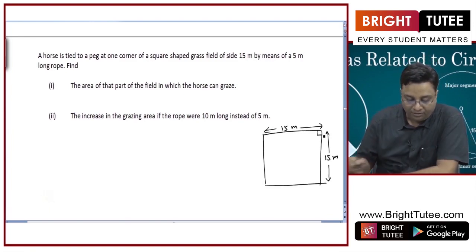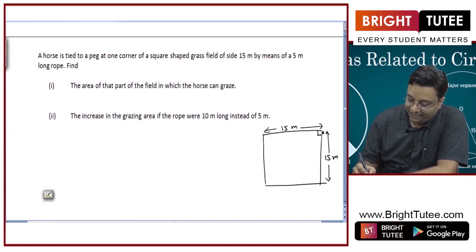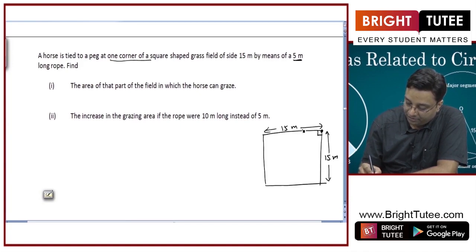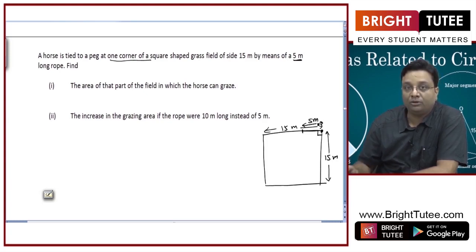Now there is a horse which is tied at this end, at one corner, and by a rope 5 meter long. So if the rope is 5 meter long, it will be something like this. Let us say this is the rope and it is 5 meter long.